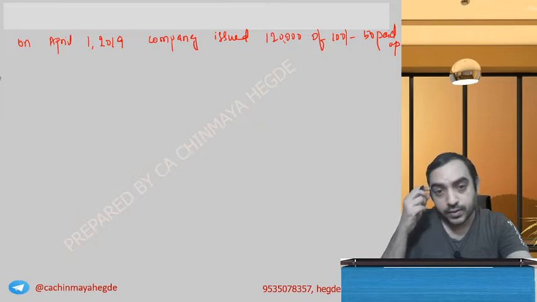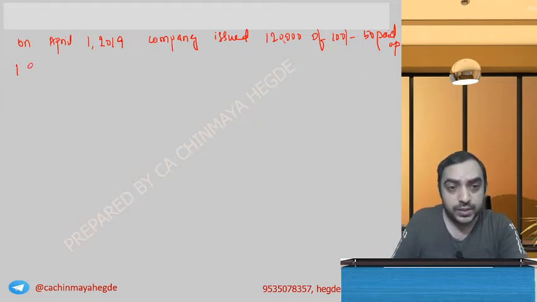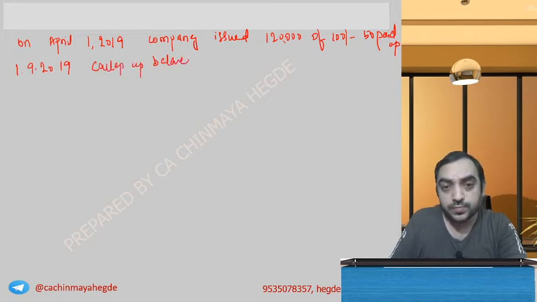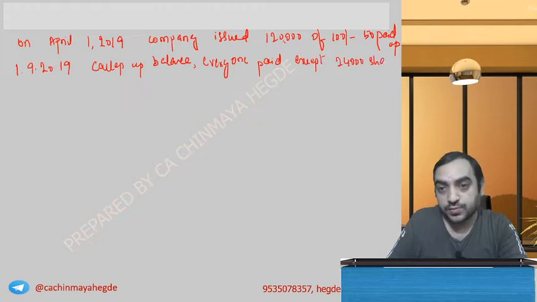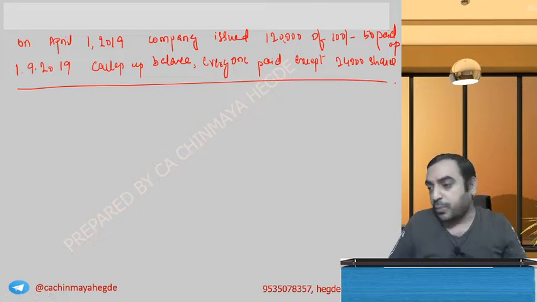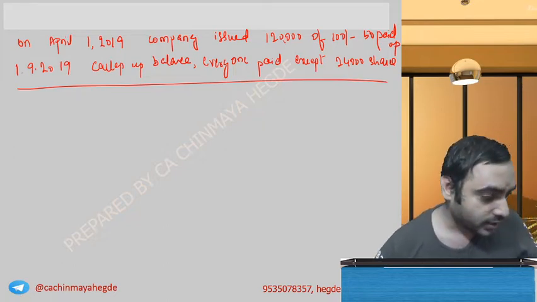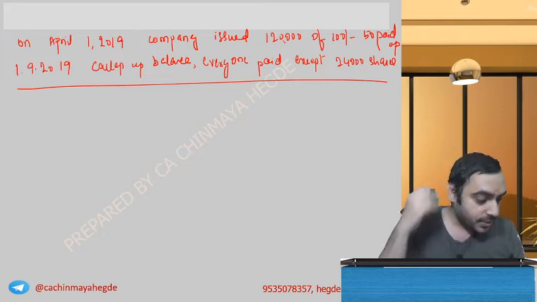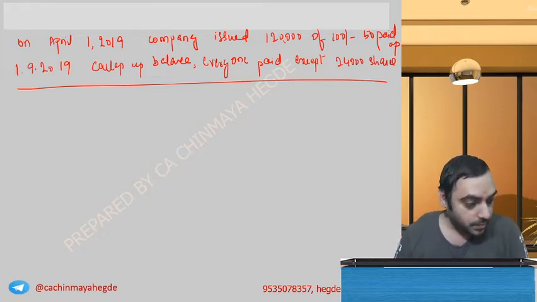And on 1st of September 2019, they called up the balance and everybody paid, except 24,000 shares. So this is one partly paid up and issued during the year. Both are there. So how do we calculate in this manner?